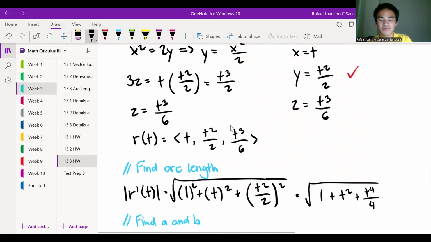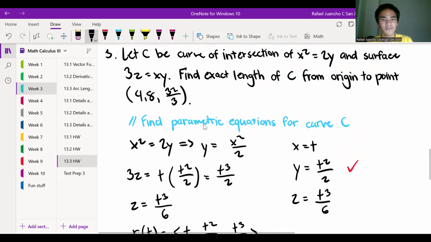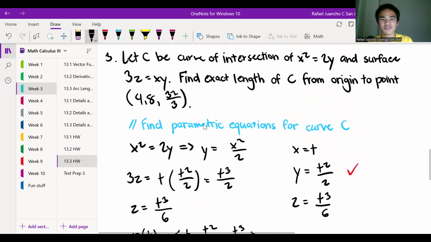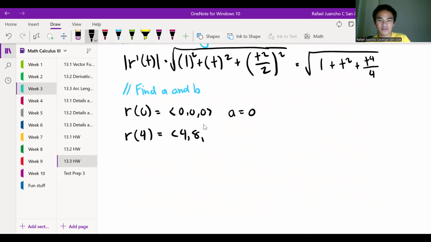And then my last coordinate, 4 cubed is 64, and 64 over 6, dividing both by 2, gives 32 over 3. So my b is supposed to be 4, and I just use the arc length formula from 0 to 4.